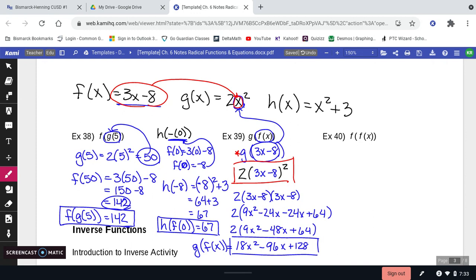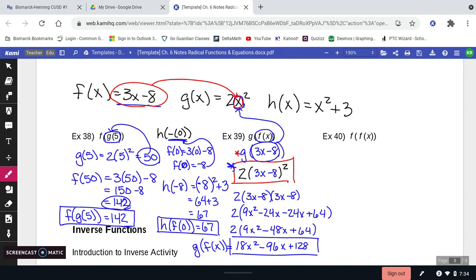Okay, so take a minute, look at that, see if you understand how we came up with this statement. Okay, so that's the most important part today, is that you understand where this statement came from. So we took f of x and put it inside of g of x. Okay, number 40. Now this one says f of f of x. So you're putting f of x inside of itself.